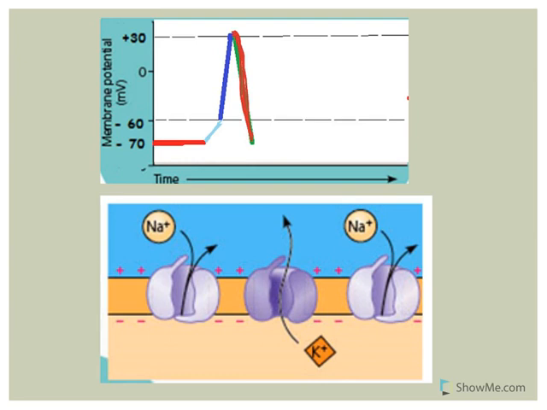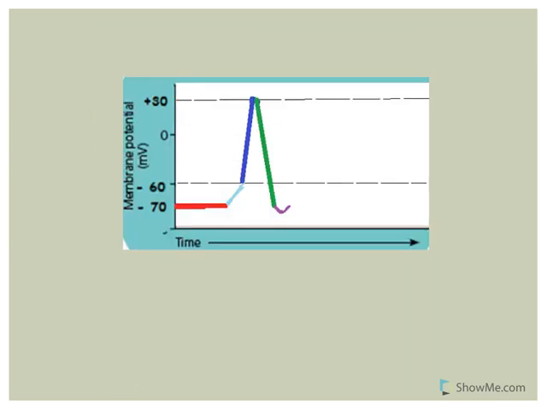So losing those positive charges, we're going to start to get back to where we're supposed to be. Now these channels, these gates, are a little bit slower to close. So what's going to happen, as you see here in the purple, you have a brief period right here of hyperpolarization.